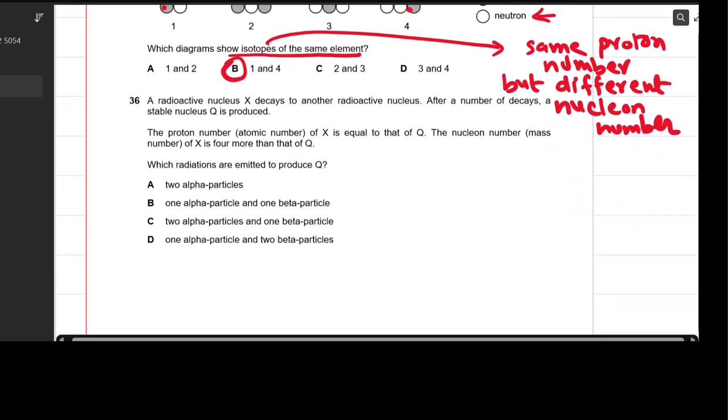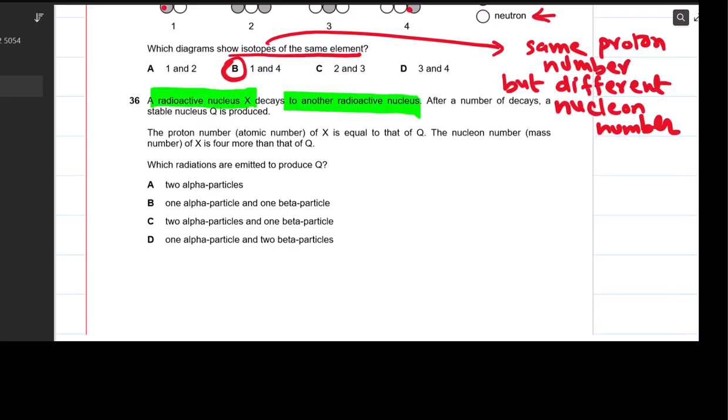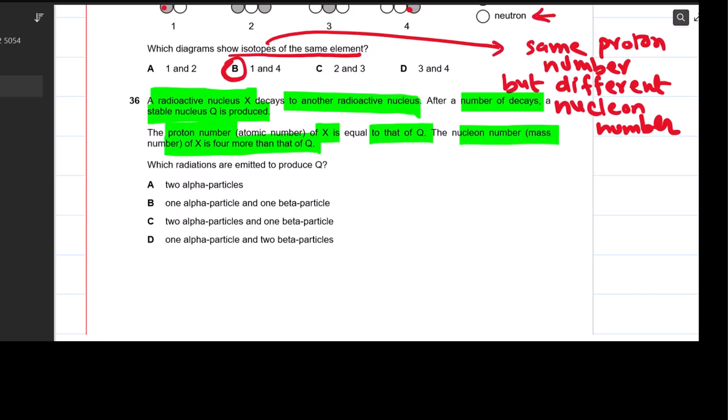A radioactive nucleus X decays to another radioactive nucleus. After a number of decays, a stable nucleus Q is produced. The proton number of X is equal to that of Q, the nucleon number of X is 4 times more than that of Q. So here we are having X. So for example, if I'm having it 30, which radiations are emitted to produce X?